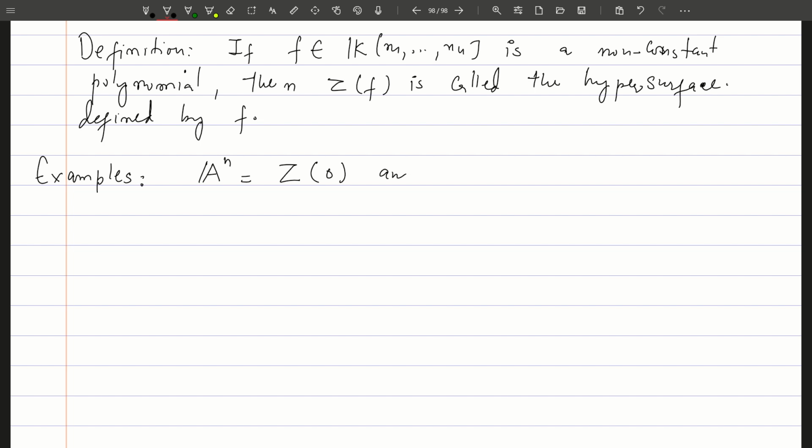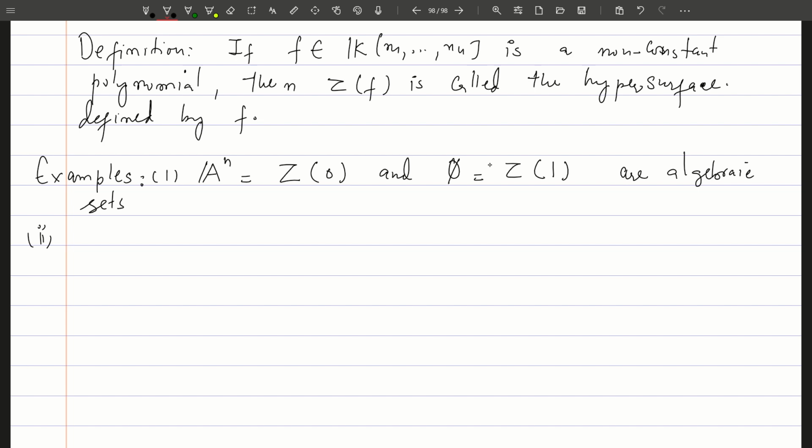The empty set is also an algebraic set because it is the zero set of a constant polynomial. In particular, it is the zero set of the polynomial 1. So they are both algebraic sets.